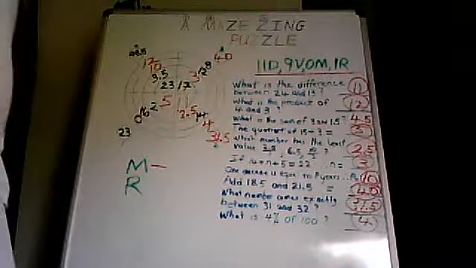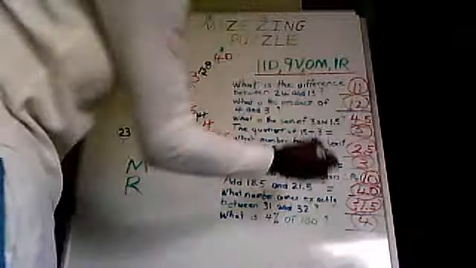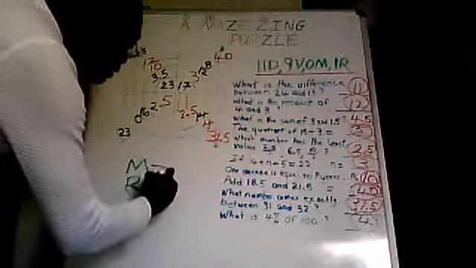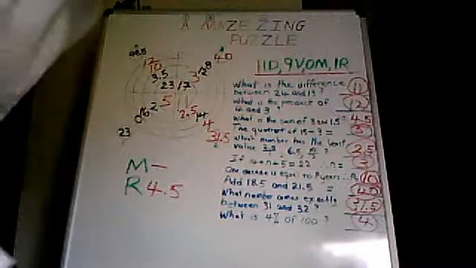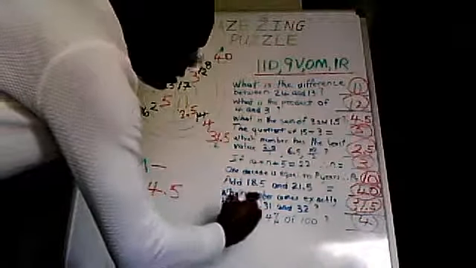So there we have it. We get 31.5. The only number the puzzle did not use is 4.5. So that obviously is the reject number. So thank you very much.